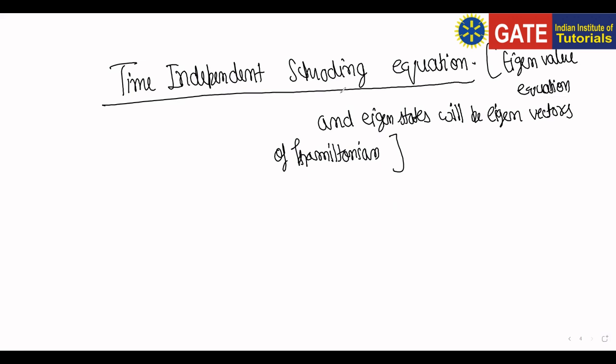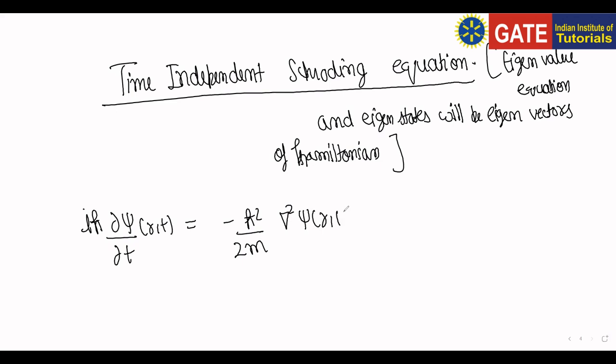When the time dependent Schrodinger equation comes, iħ ∂ψ/∂t (r,t) equals minus ħ squared upon 2m del squared ψ(r,t) plus V(r,t) ψ(r,t), and you have to remove this time dependency of the potential. Whenever you have an eigenvalue equation, the potential can't depend on time; it has to be space dependent.